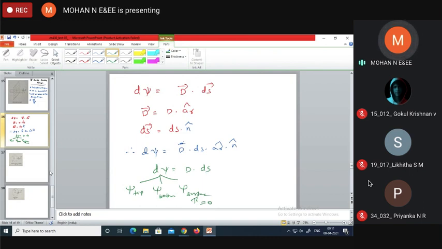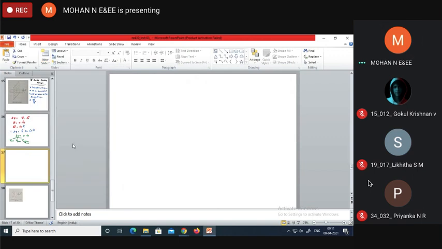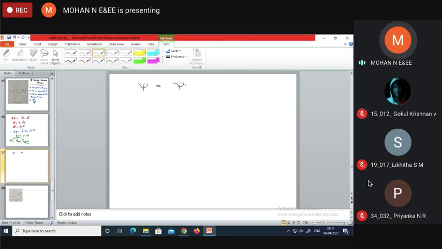So we are interested in finding phi at the top as well as the bottom. So phi is equal to phi top plus phi bottom plus phi surface, and phi surface is 0.